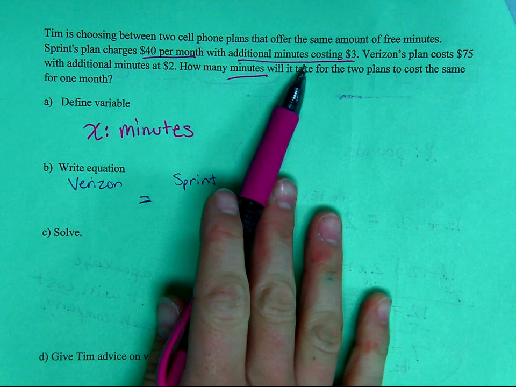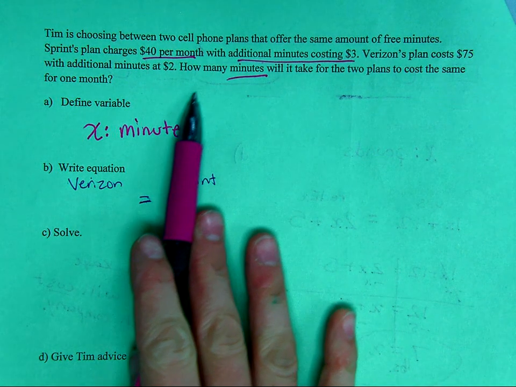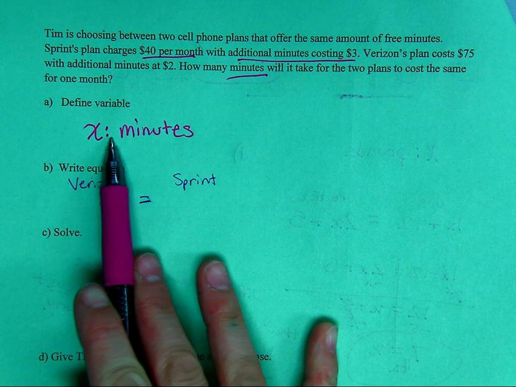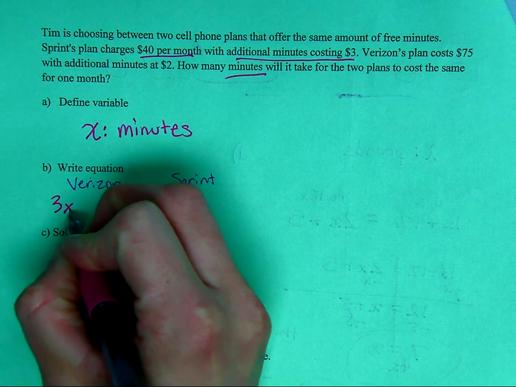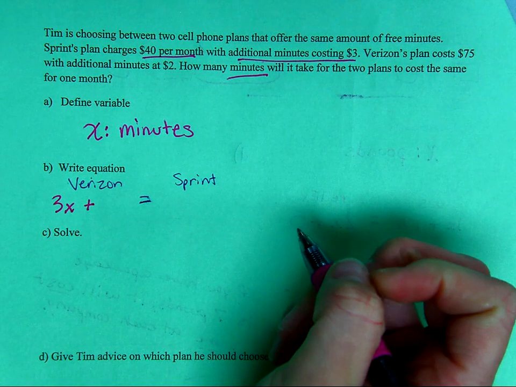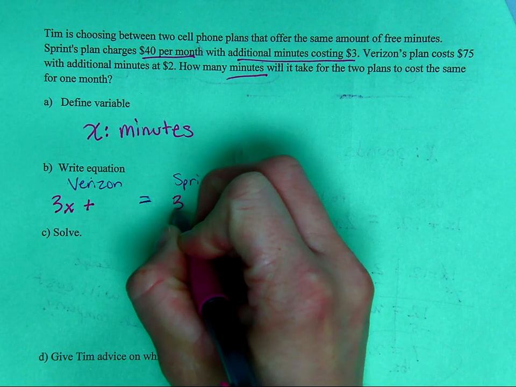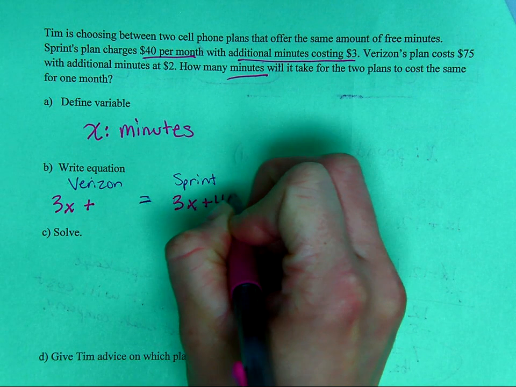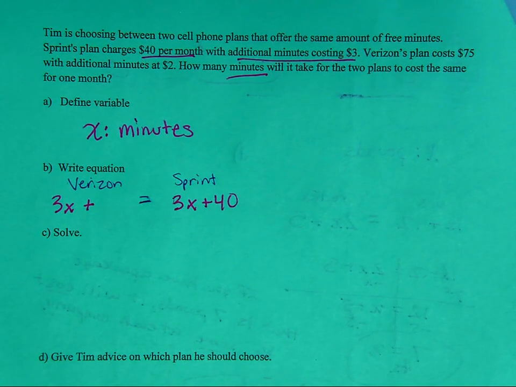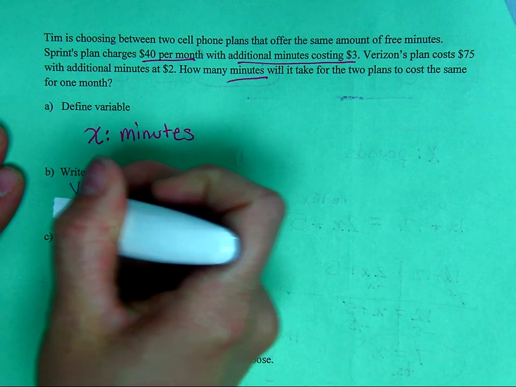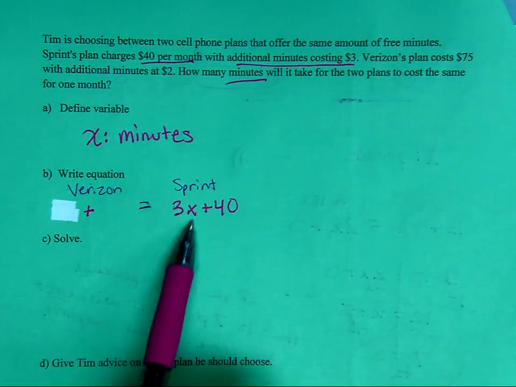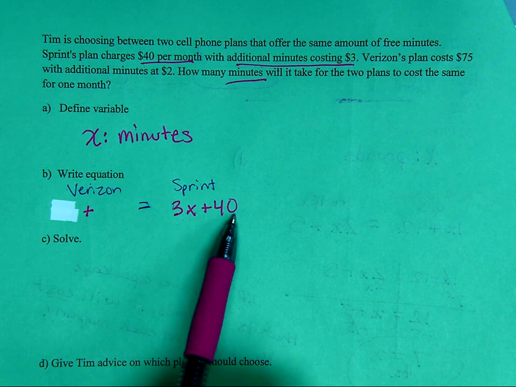Where the $3 I have to pay for every single minute, which I don't know how many of those I have. So 3x plus 40 for Sprint. And same thing here, you could have 40 plus 3x, and that's the same thing.